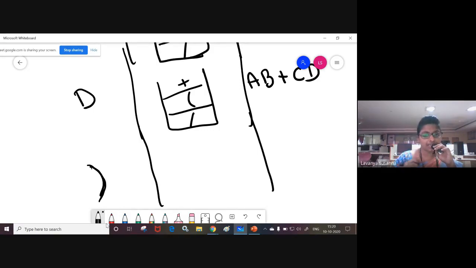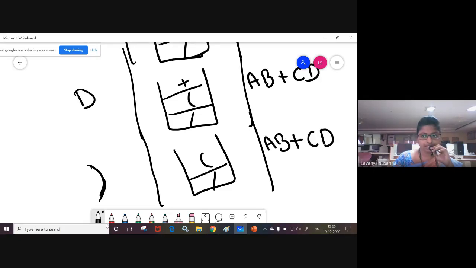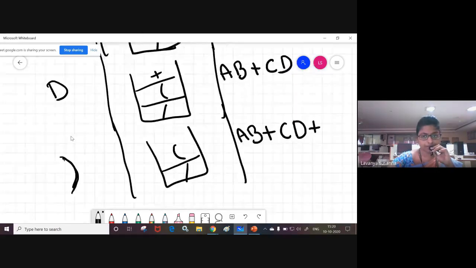You need to delete or pop topmost elements one by one and add them to the postfix array one by one until you get its open bracket. What is the topmost element? Plus. Delete it, students. Pop it, and add it to the postfix array: A, B plus C, D plus.